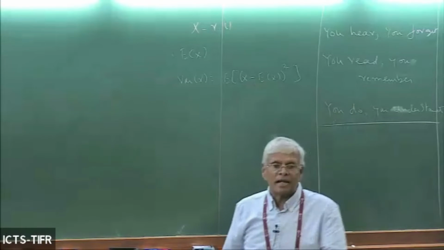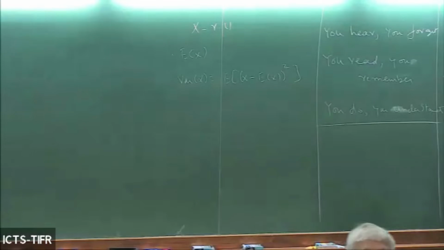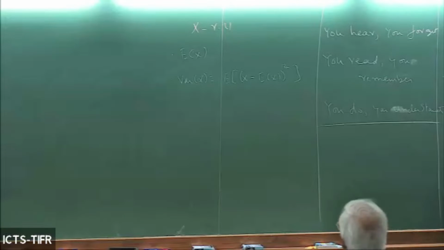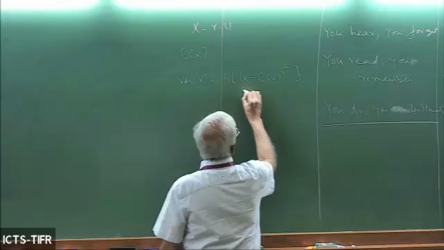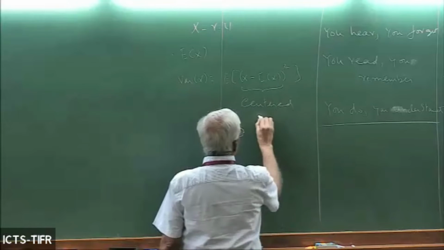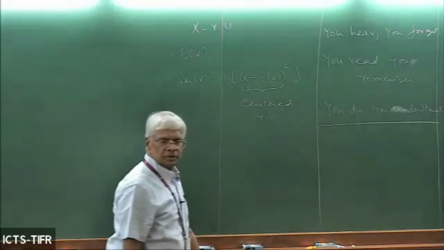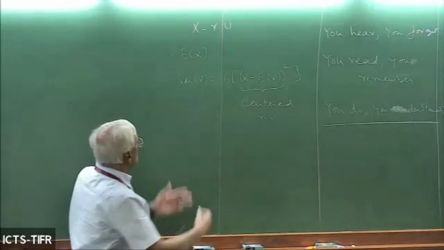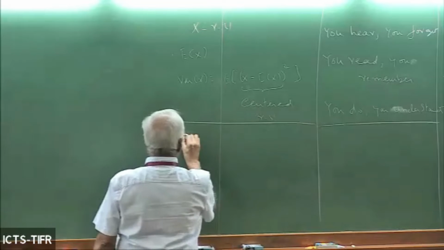Subtracting the mean from the random variable in statistics is called centering. You center the variable with respect to the mean. So this is the centered random variable.